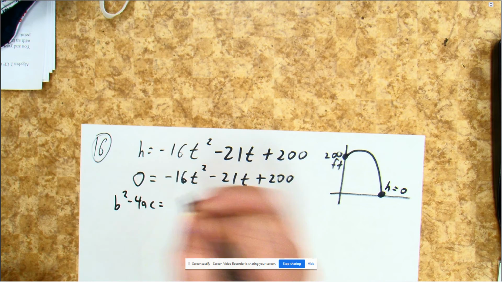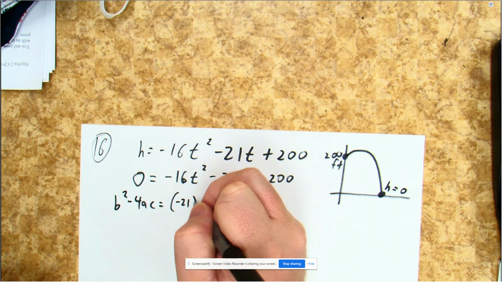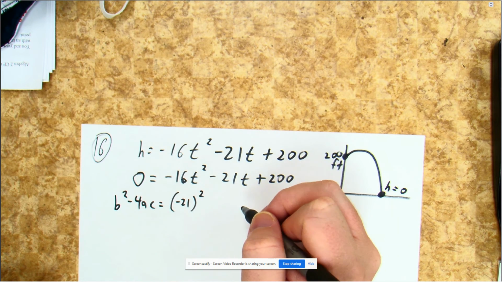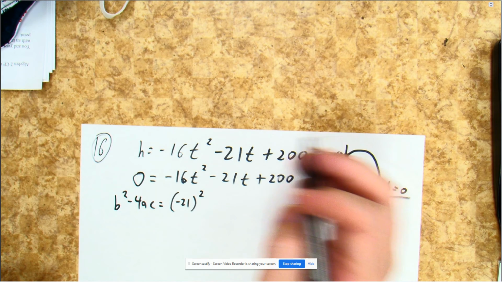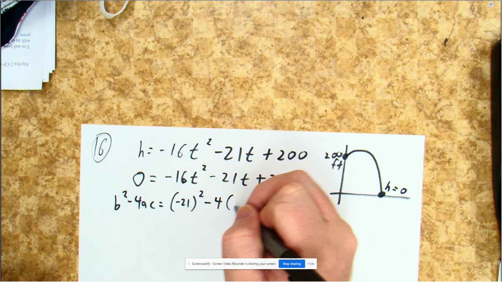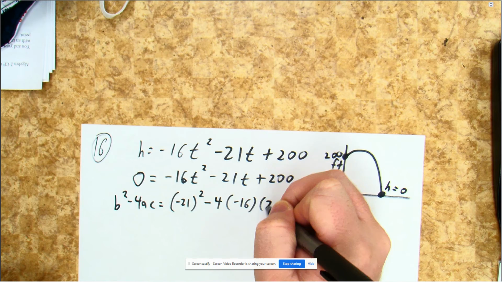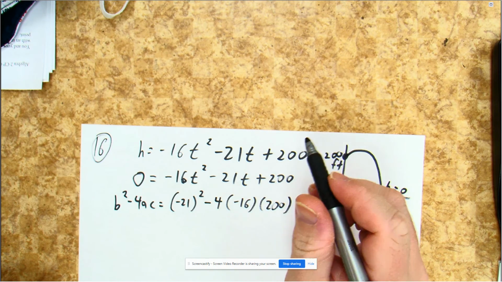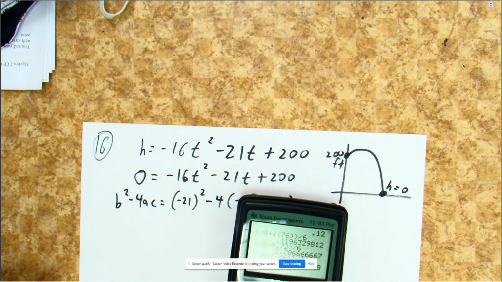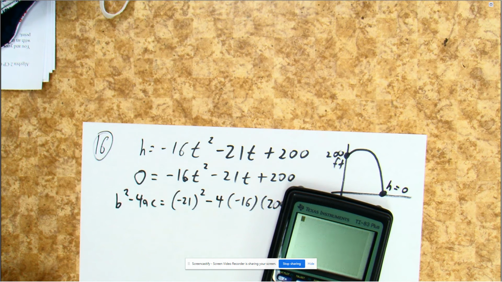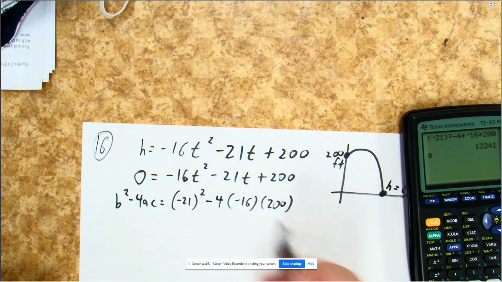Because factoring typically gets you nicer looking answers, but I vaguely remember this one kind of being a bad answer. But as I always say, factoring, if it doesn't work, the quad formula will work all the time. There it is. 13,241 is my discriminant.